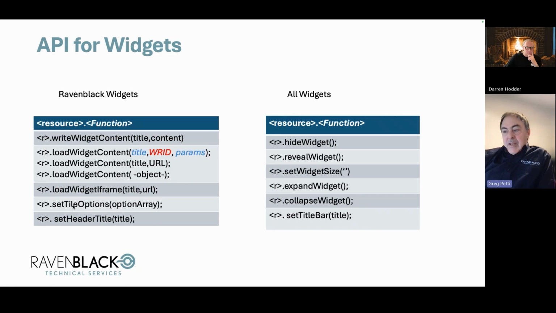There's the ability to set and change custom icons with custom actions in the header bar, and to change the title for any widget. There's also one for setting the icon in any widget as well. One thing, you'll notice this is divided into Ravenblack widgets. These are all things that you can do with our unique widget types, but we've recently added the capability that for other types of widgets, favorites or recently accessed, you can also hide, reveal, size, expand, collapse, or set the title bar.